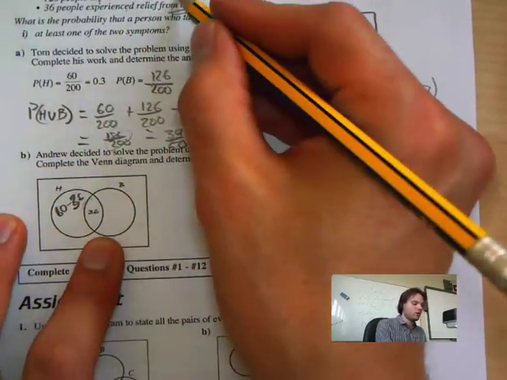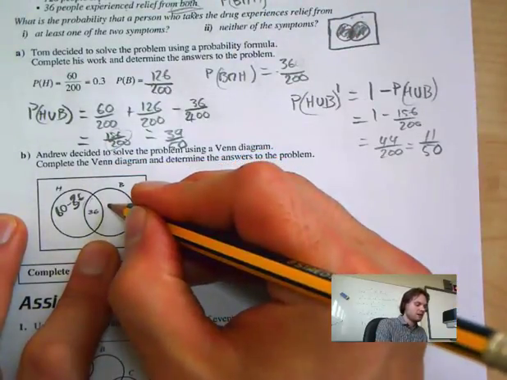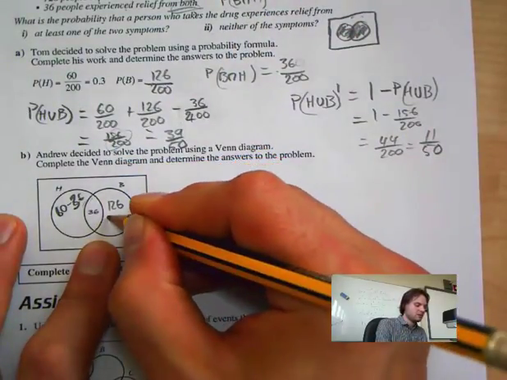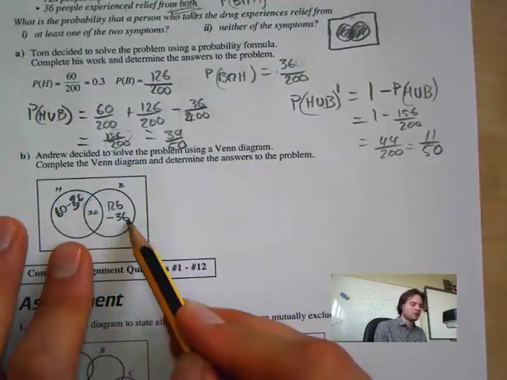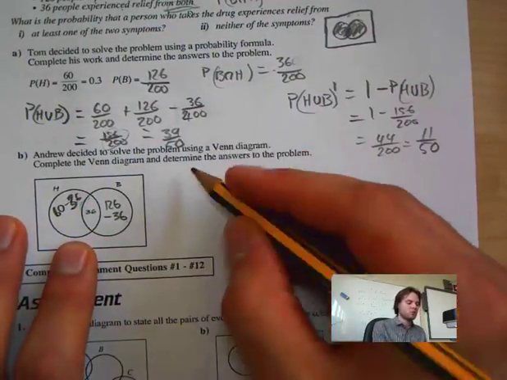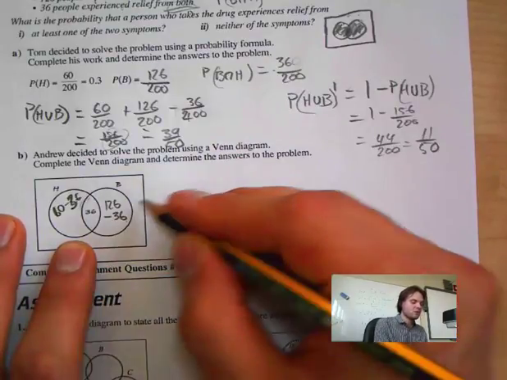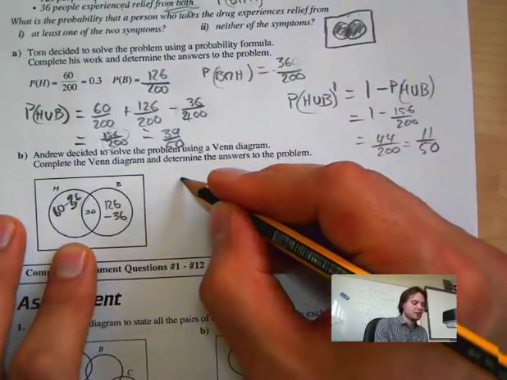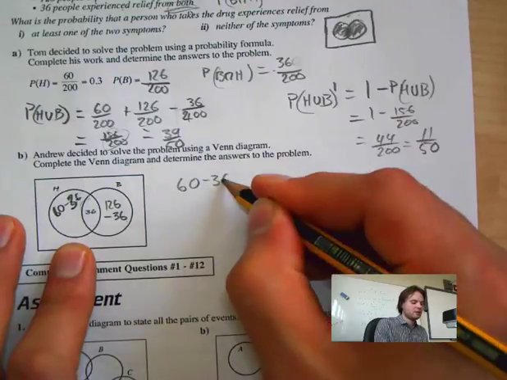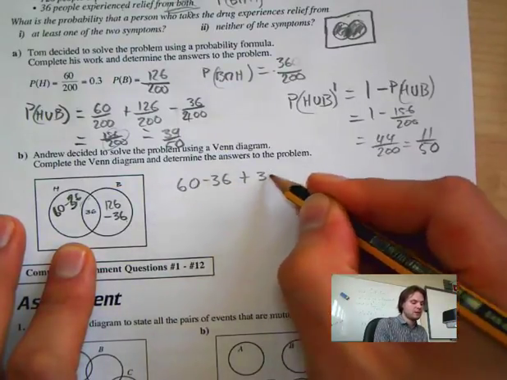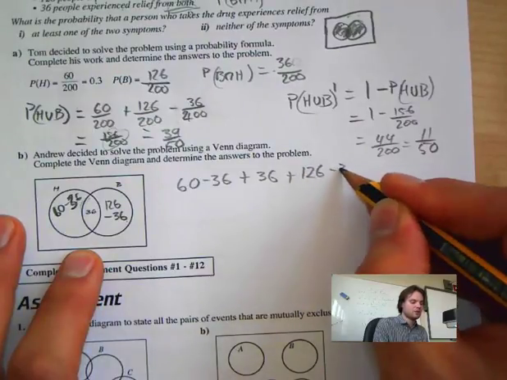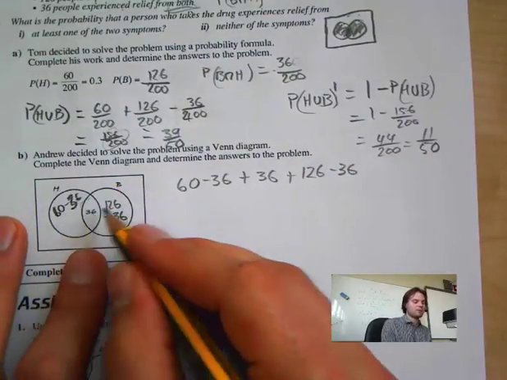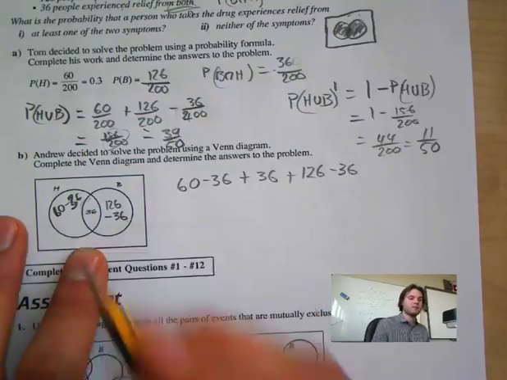How many people experienced back relief only is 126 minus 36. So we add all of these together: 60 minus 36, plus 36, plus 126 minus 36, because we have to subtract that overlap, since out of this 126, 36 are in there.